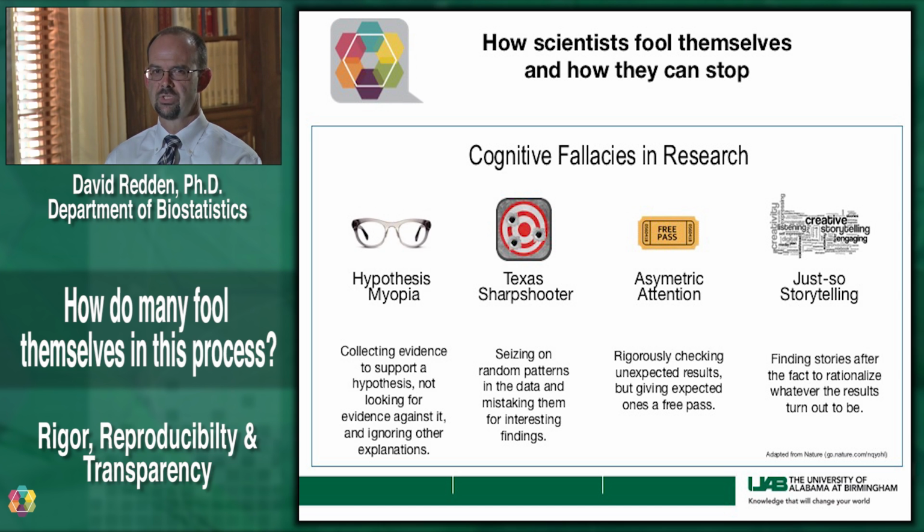And the last one, which is one I have the most experience with in my career, is actually asymmetric attention, where when you're doing the analyses, if you achieve statistical significance, you're more ready to accept that, and you stop digging and you stop looking at different possible explanations.